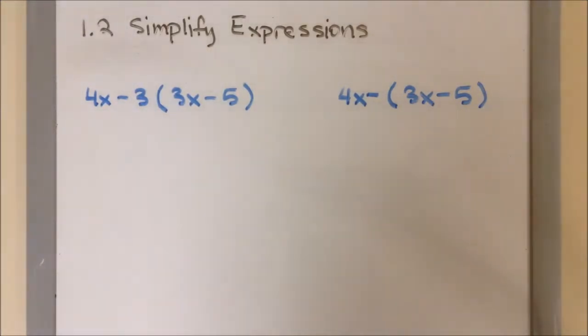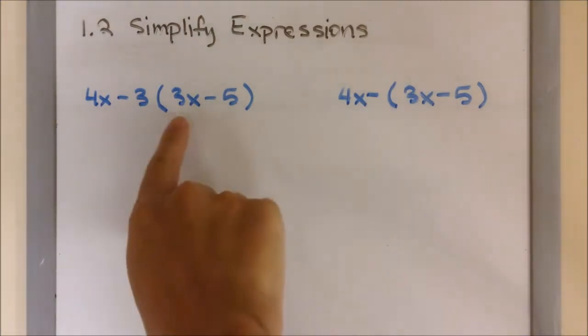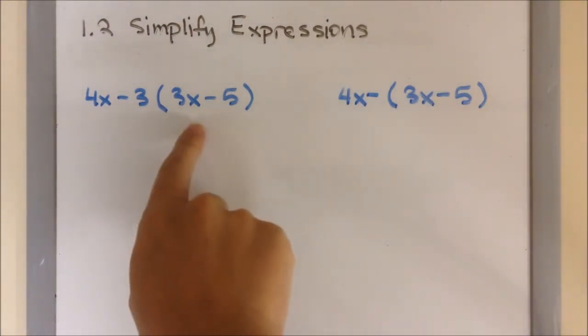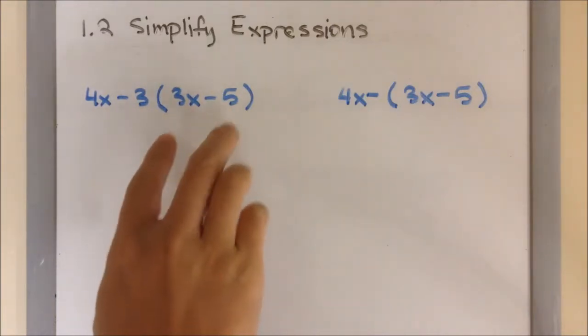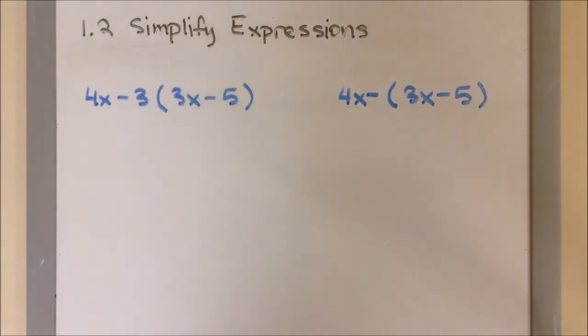So, example 1. Given a problem like this, we're using PEMDAS. Now, always check if you can do anything inside a parenthesis. So inside the parenthesis, I have multiple numbers and variables. So I have 3x minus 5. Now I can't do anything with them because they're different terms.